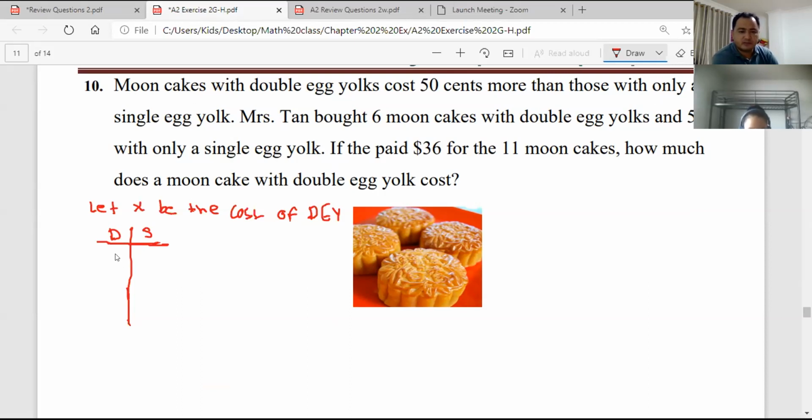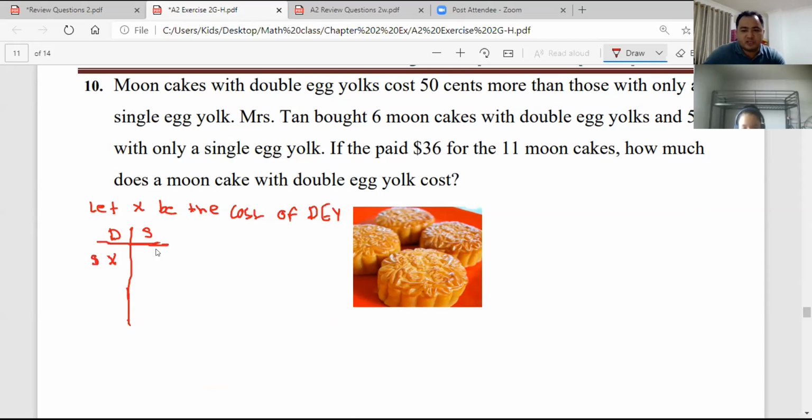So let's write X dollars. What will be the price of single egg yolk? 50 minus X, or X minus 50. Yeah, it is in dollars.